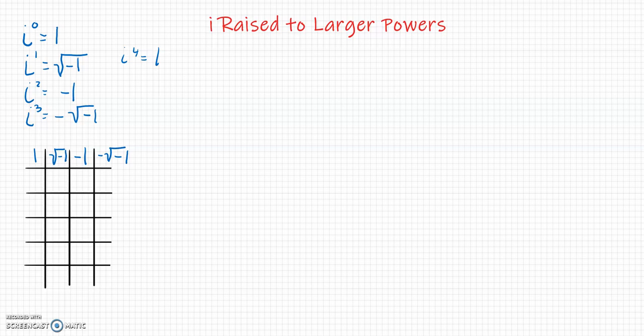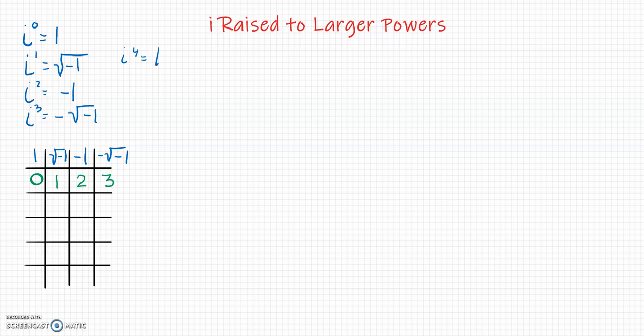And what I will begin to do is list the different exponents. When we did i to the 0, we got 1. When we did i to the first power, we got square root -1. i to the second power, -1, and i to the third power.